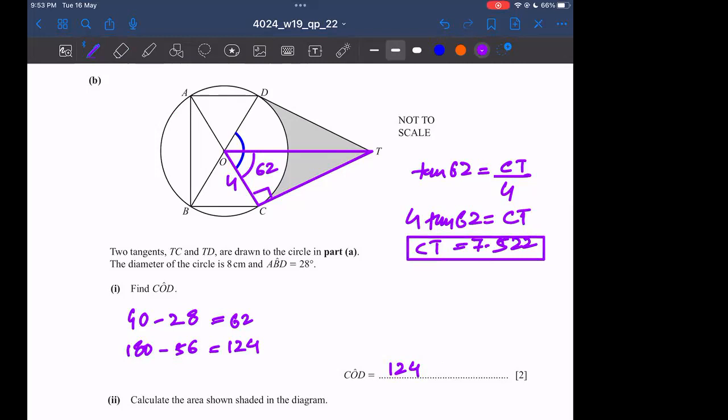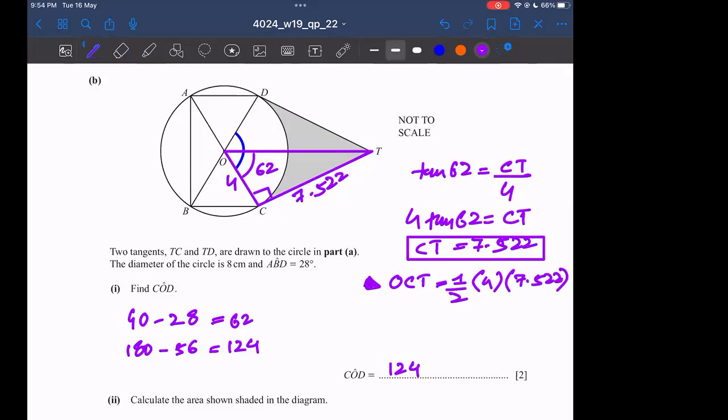Now, since you got the value 7.522 here, if I ask you to find the area of this triangle OCT, area is half base into height, 7.522 multiplied by 4 into half.